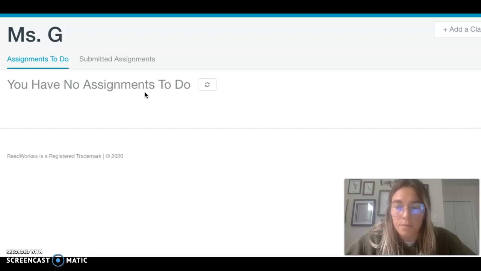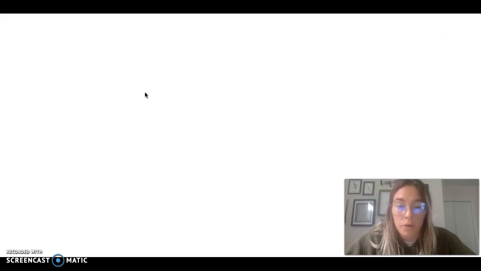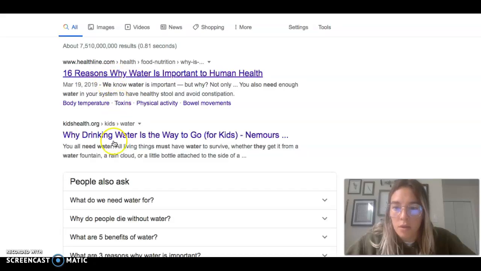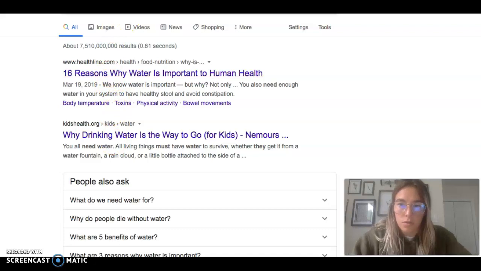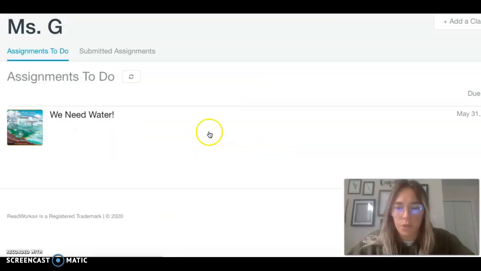Come on. It seems a lot more confusing than it actually is. It's not confusing. This is just not working well for me right now because my computer is slow. Okay, now it popped up. I had it assigned, but it didn't pop up.